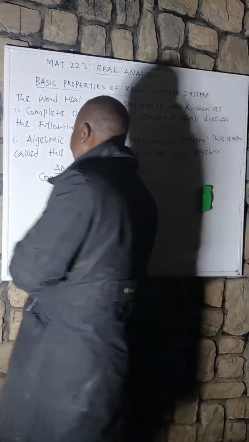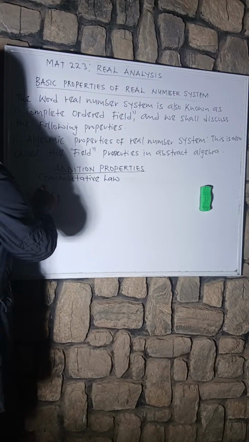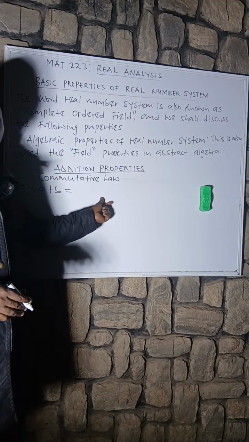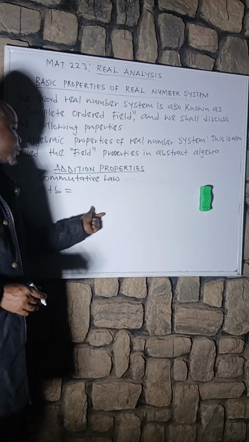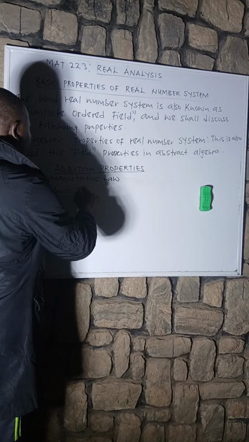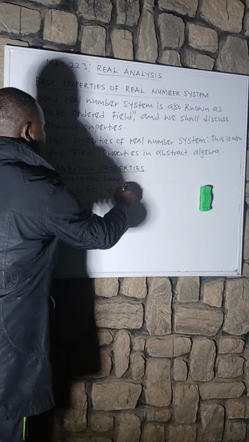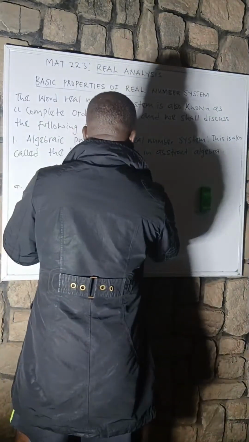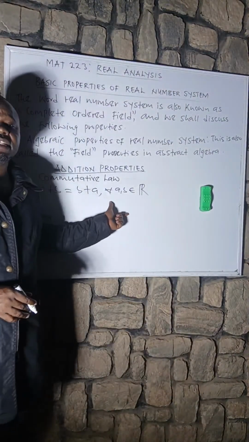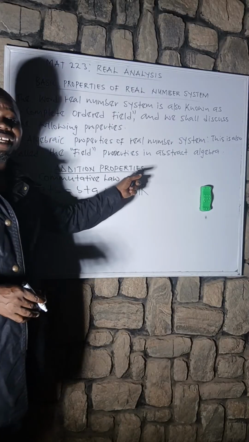So one, the addition property says that if we have A plus B, as long as they are real numbers, this is the same thing as B plus A. Therefore, for all A, B contained in the real numbers. Take note. Is that clear? So this is one of the properties under addition.